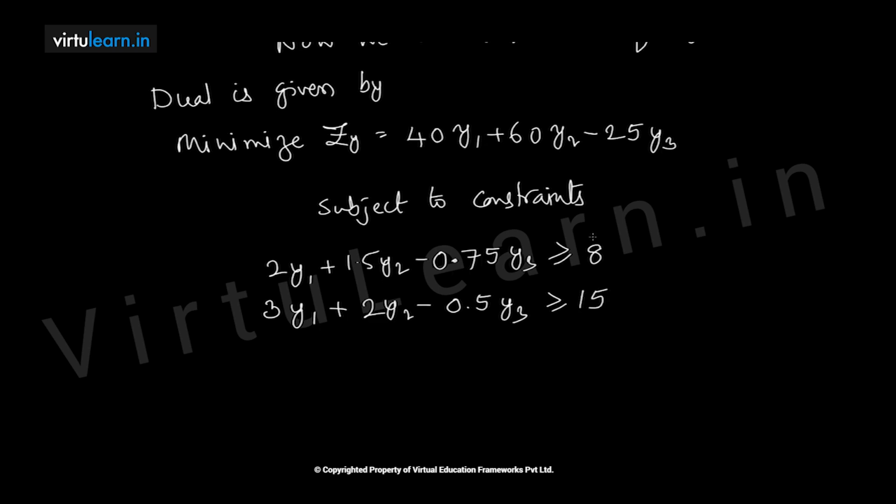What we need to observe here are these coefficients: 2, 1.5, 0.75 are the x1 coefficients, and 3, 2, 0.5 are the x2 coefficients.